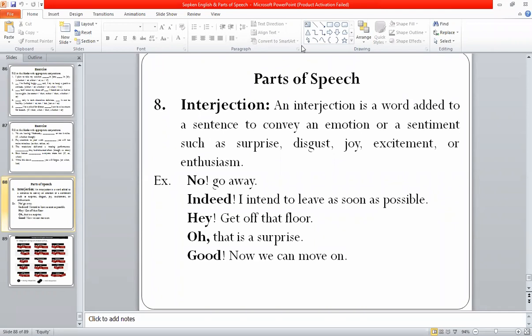Then good, now we can move on. So here good is the interjection that is used for showing the feeling of that person. So these are the interjections that we generally use in sentences.